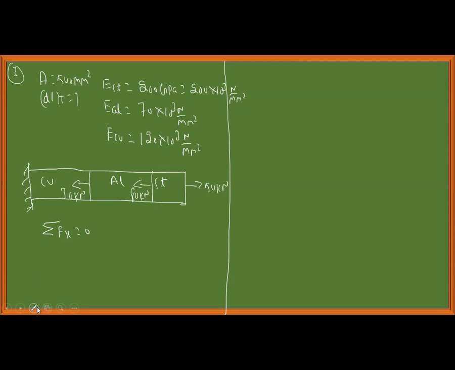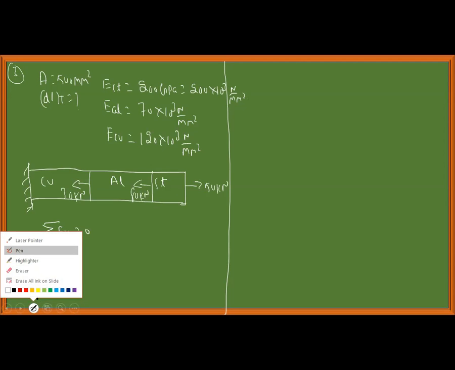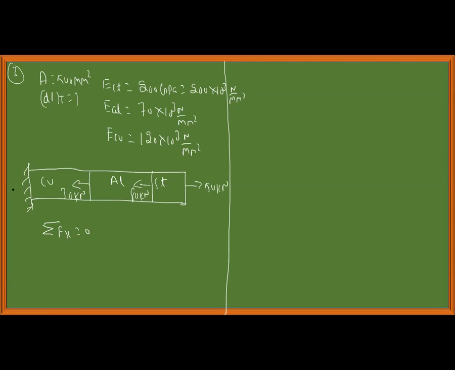I don't know the direction of the reaction force. For the time being, I will assume it to be in this direction. If the reaction force comes out positive, say positive 50 kilonewton, then it is acting in the same sense as you assumed. If it is minus 50 kilonewton, then it is acting opposite to the direction you assumed. So let us find out.